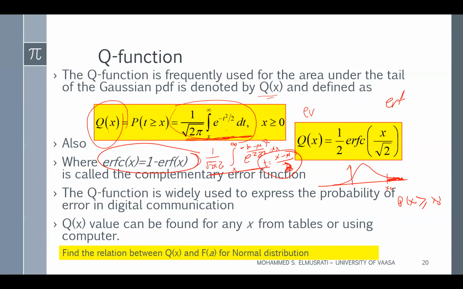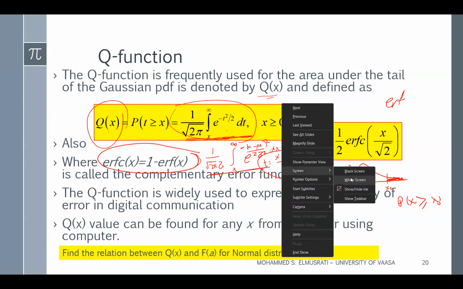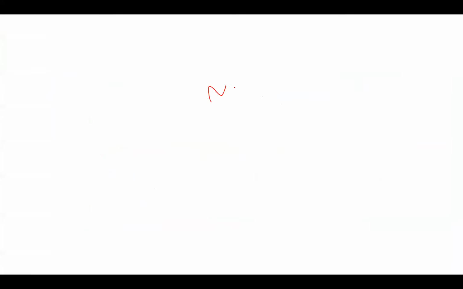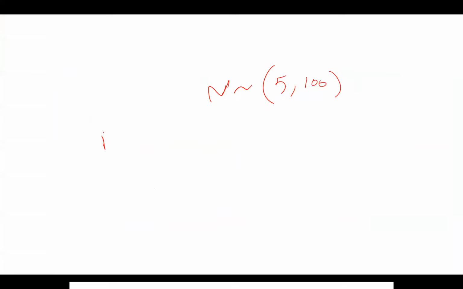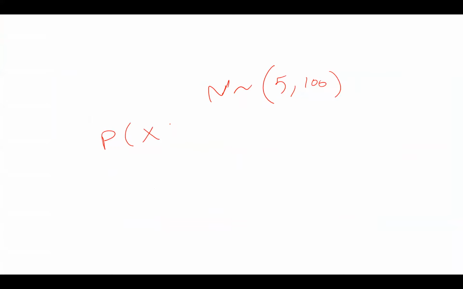For any distribution, if I give you, for example, a normal distribution with mean equal to 5 and sigma squared equal to, let's say, 100, and ask you to calculate the probability that x is, for example, greater than or equal to 7, simply you convert from this specific form to the general form.